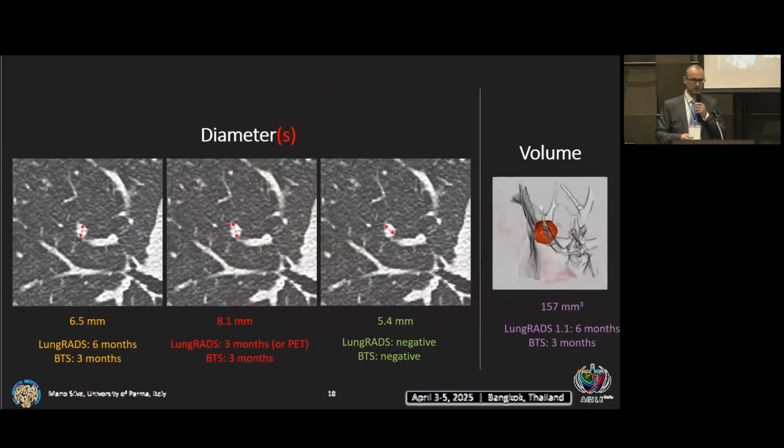So the volume is one, diameters are infinite, depending on the plane that you're measuring it. So we usually measure on axial view, but usually, not always probably. This is a source of variability, isn't it? So if we have one parameter as compared to multiple, this is going to be the choice for being consistent across readers and along the time.